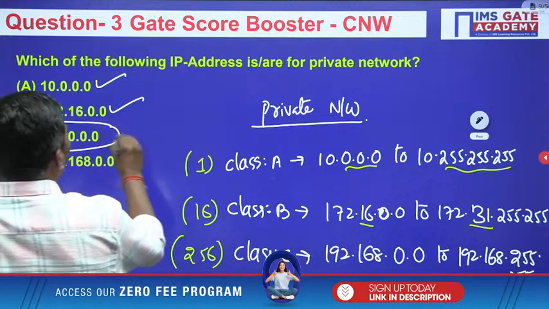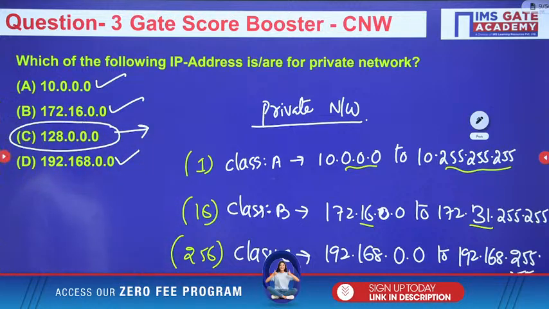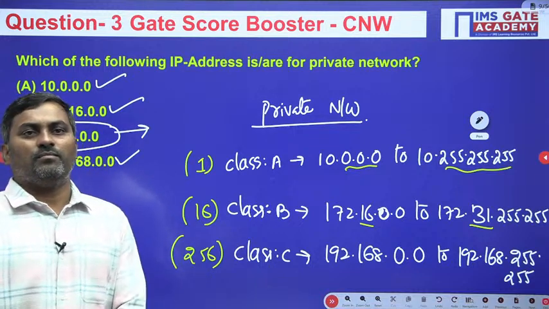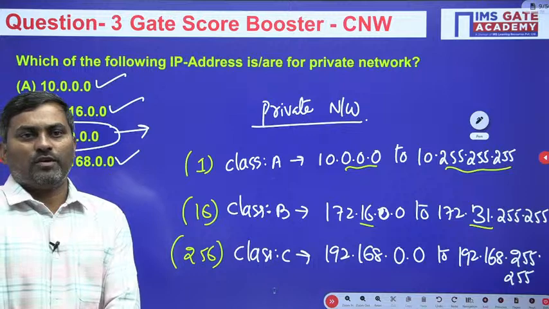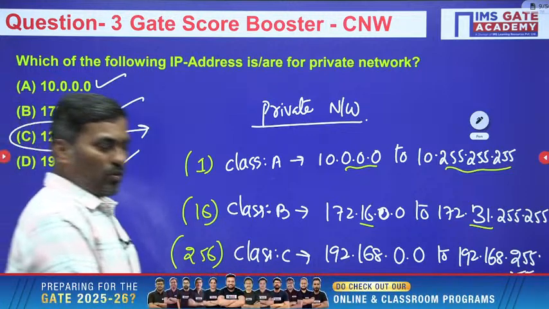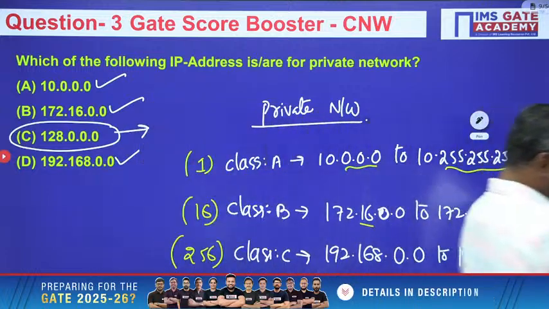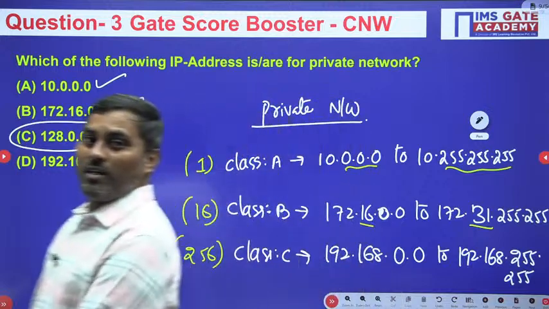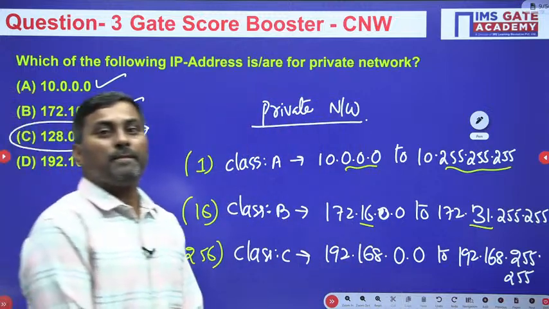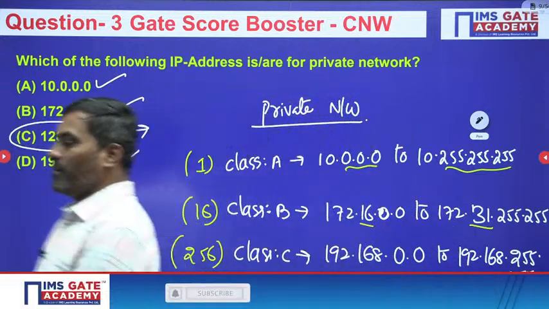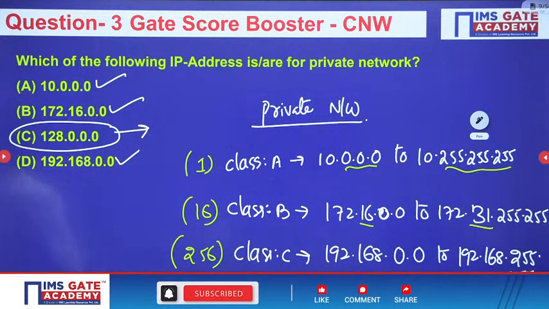Whatever this is, which address is it? 128.0.0.0. Which address is it? This one, tell me, all of you. So 128.0.0.0, what is this address? Is it a public IP? Public IP only, correct?